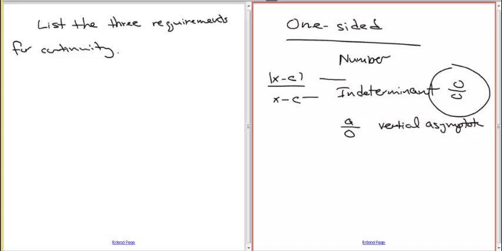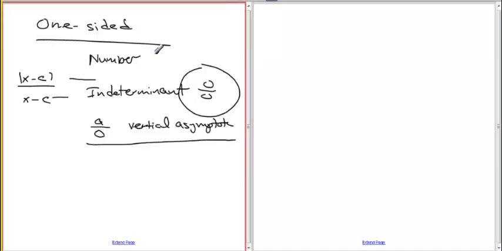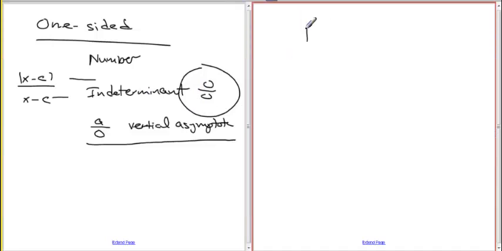So, okay, let's talk about the third kind, vertical asymptote. If you plug it in and you don't get a number or an indeterminacy, how do you deal with that? I'm going to do one example, but we did that in class, and hopefully you got some practice at that.